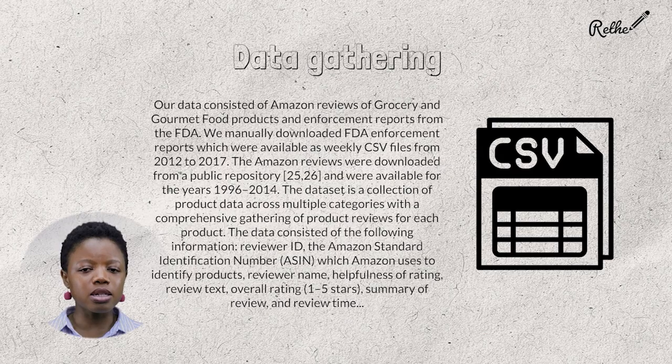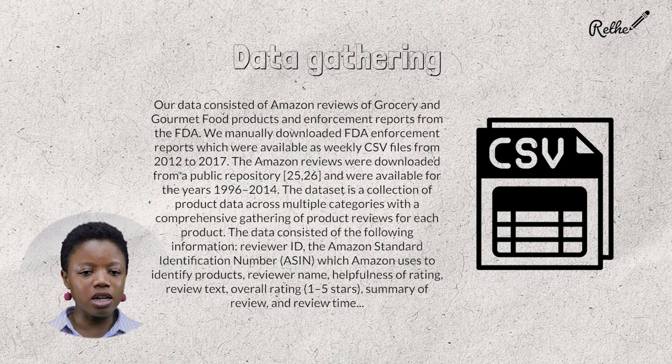Our data consisted of Amazon reviews of grocery and gourmet food products and enforcement reports from the FDA. We manually downloaded FDA enforcement reports, which were available as weekly CSV files from 2012 to 2017. The Amazon reviews were downloaded from a public repository and were available for the years 1996 to 2014.